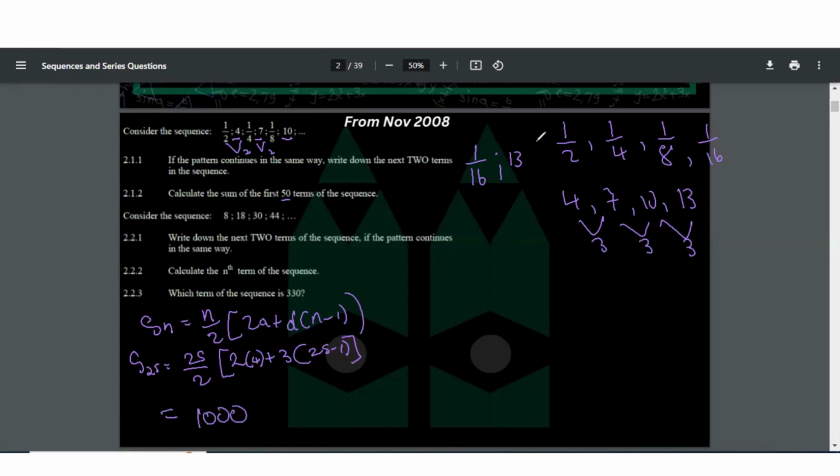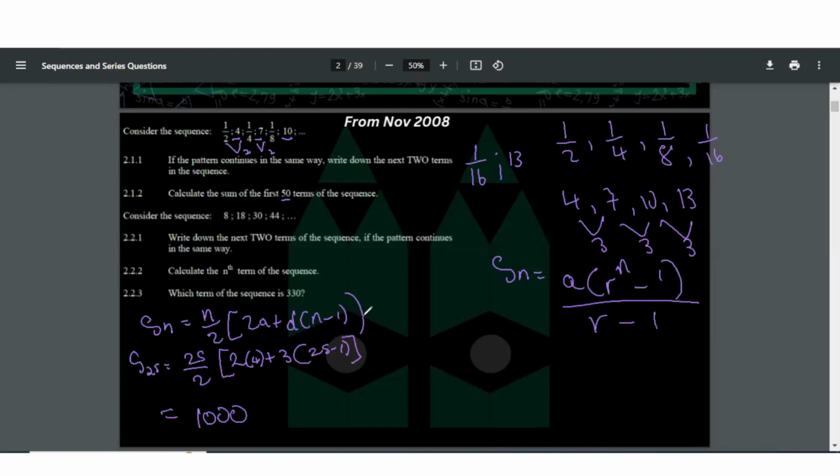Okay. Then let's get into the other one here. So now the sum of a geometric sequence is Sn is equal to a, open bracket, r to the power n minus 1, divided by r minus 1.